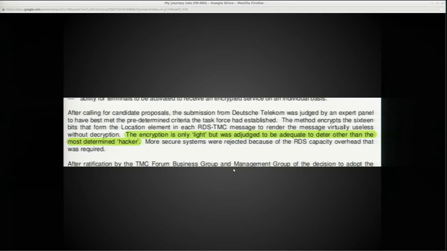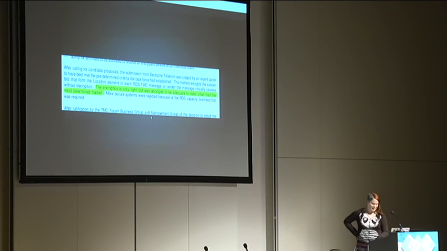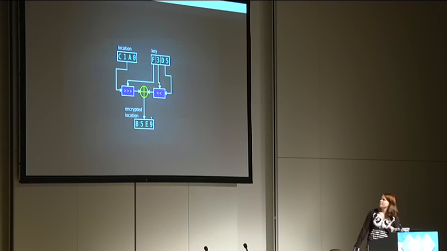Yeah, and obviously for a hacker, this feels like a challenge. So I got to work. It was only textually documented. There were no encryption diagrams or anything like that, but this is what I came up with. It's a pretty simple cipher.